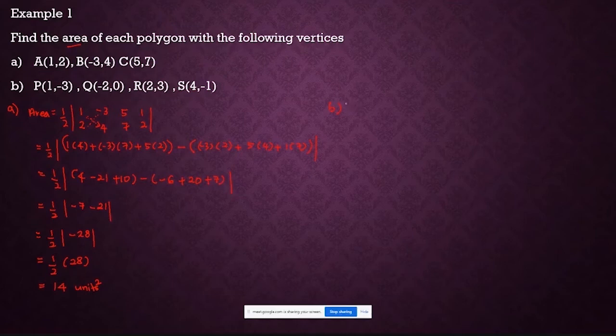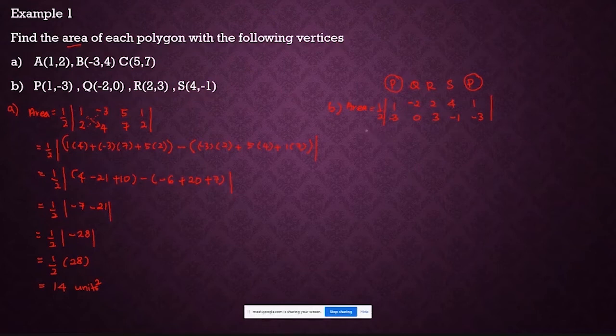Okay, for question B, so same, area equal to 1 over 2, 1, negative 3, negative 2, 0, 2, 3, 4, negative 1, and again, we write the first pair of coordinates with the same point, point P. If P, Q, R, S, T, point P, point Q, point R, point S, point T, so we repeat point P again.